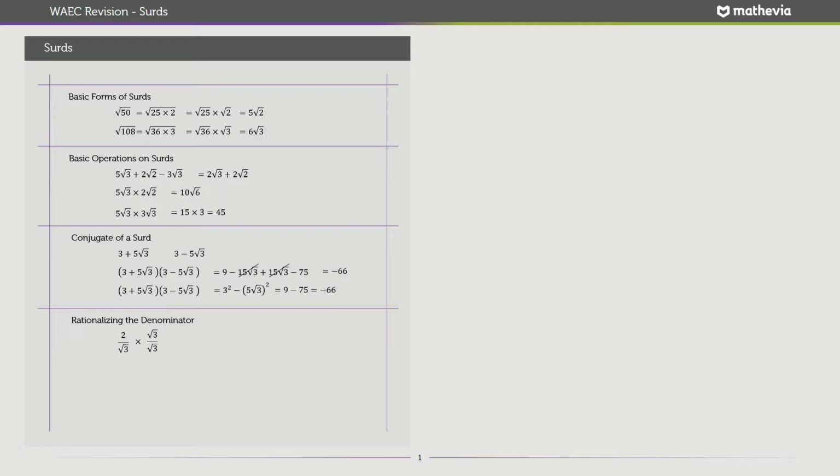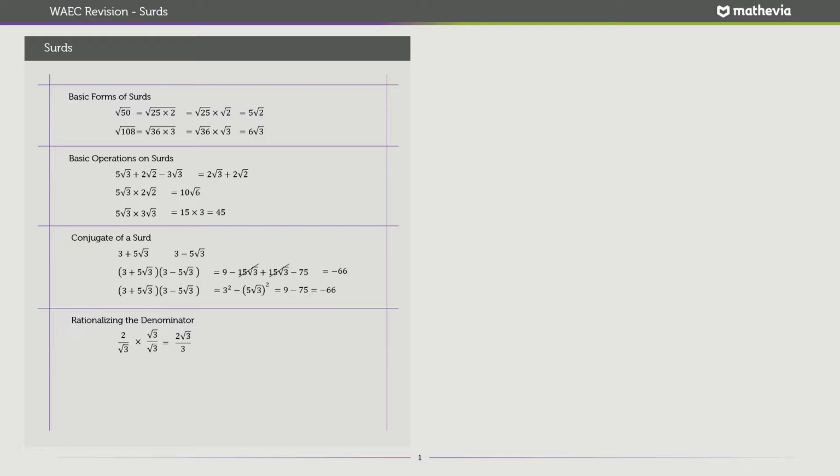So in this case we have root 3 as a denominator, and we just multiply the numerator and the denominator by that, and what we have in the end is 2 times root 3 gives you 2 root 3, and then root 3 times root 3 gives you 3. Now, 2 over root 3 and 2 root 3 over 3 are the exact same thing in terms of value. They represent the exact same quantity.